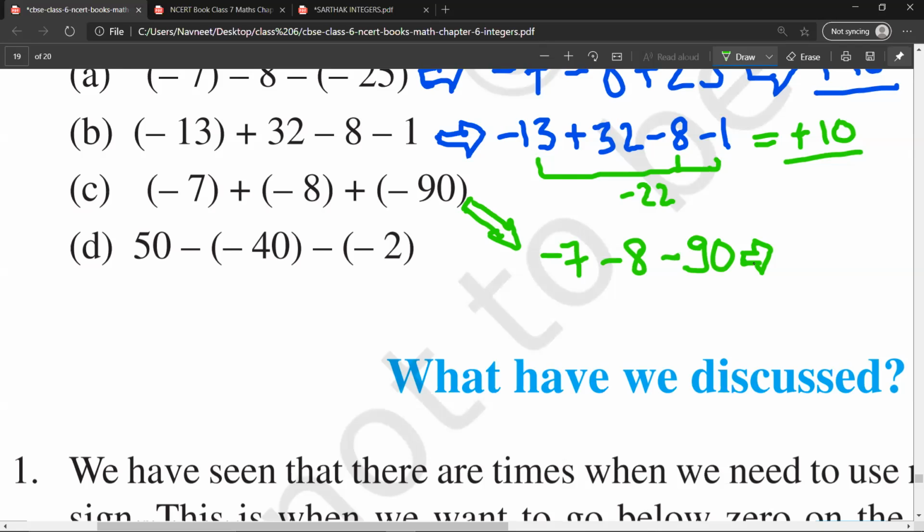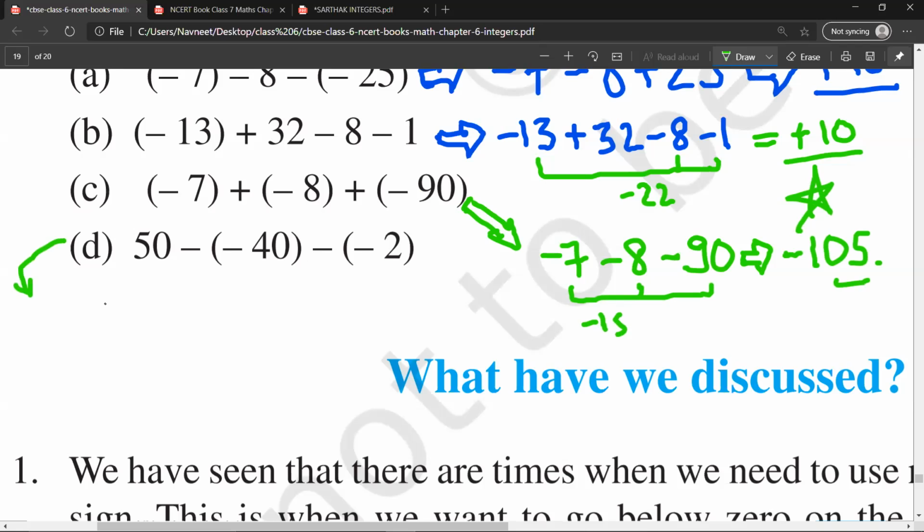What is the final answer? Minus 105. Correct. So minus 7 and minus 8 is minus 15. Minus 15 and minus 90 is minus 105. Very nice, Mr. Sarthak. Okay.